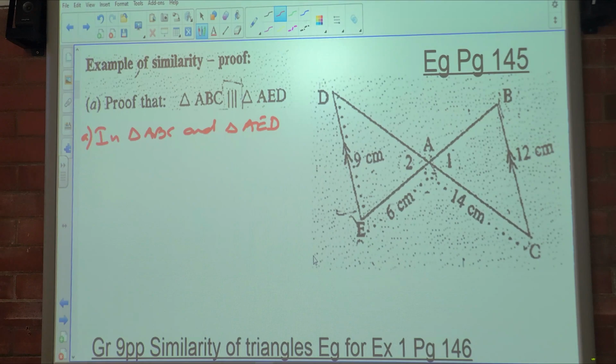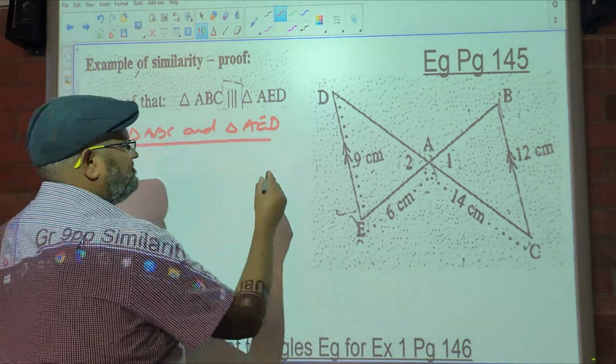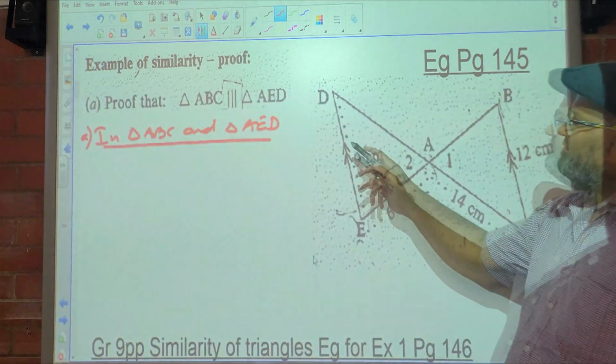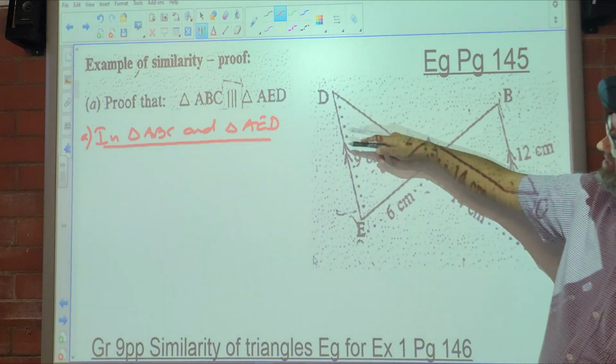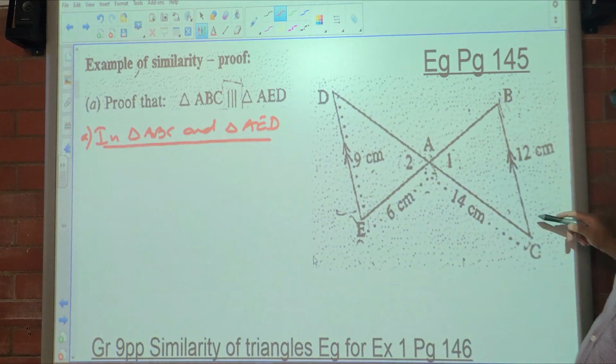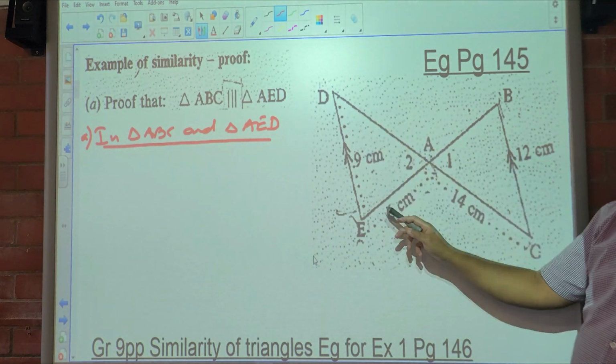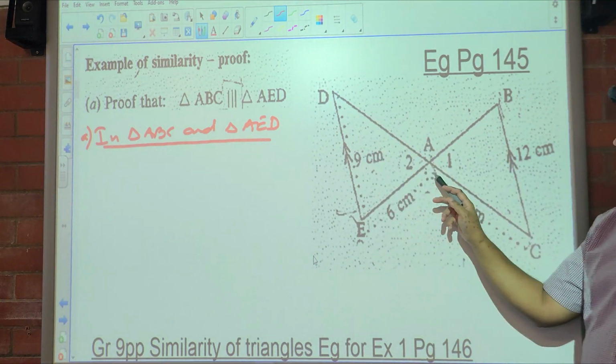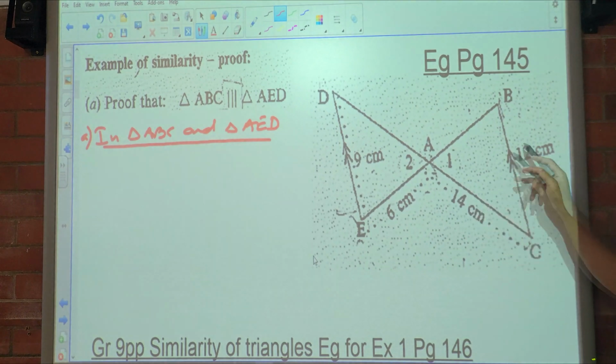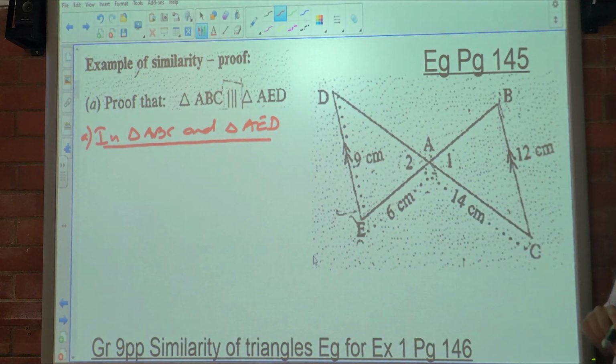Remember in this diagram, we are given that DE is parallel to BC. We are given DE to be 9, EA to be 6, AC to be 14, and BC to be 12 centimeters.